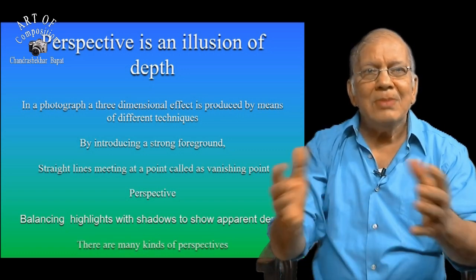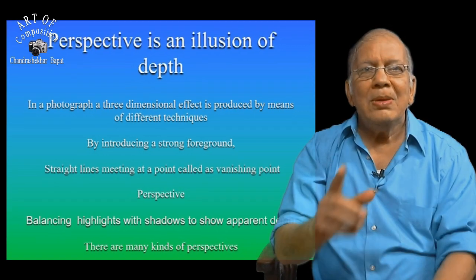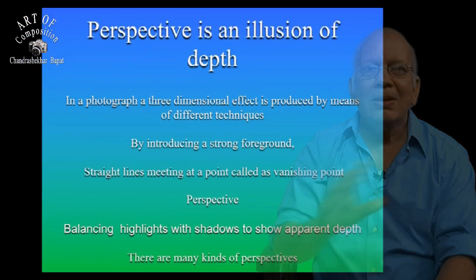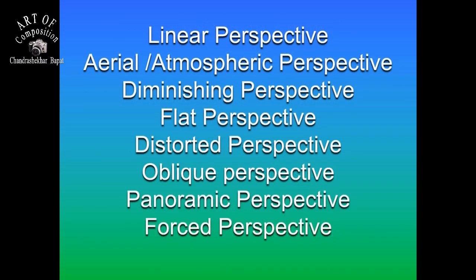There are various types of perspectives, and 3 or 4 of them are commonly used in photography on a large scale. Types of perspectives include linear perspective, aerial perspective, which means atmospheric perspective, diminishing perspective, flat perspective or compressed perspective, distorted perspective, oblique perspective, panoramic perspective, and many more.